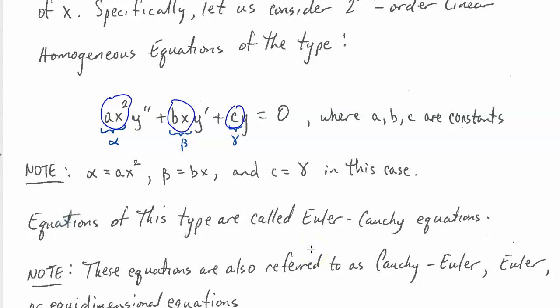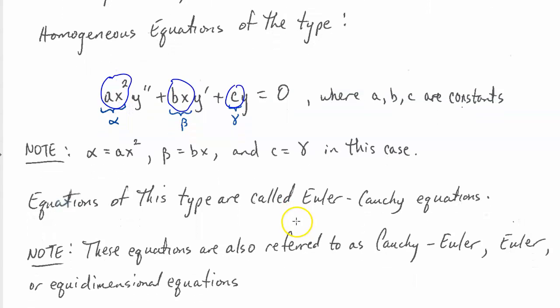And so these equations that are in this form are what we call Euler-Cauchy equations. They're also known as Cauchy-Eulers, or just Eulers, or in a more general term, equidimensional type of equations.